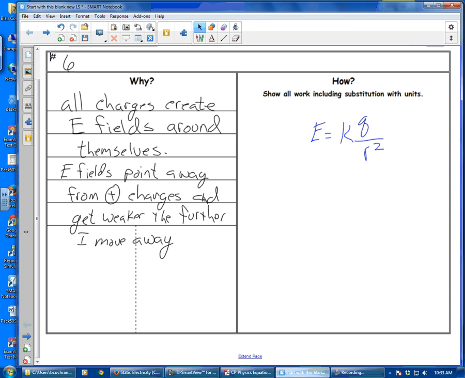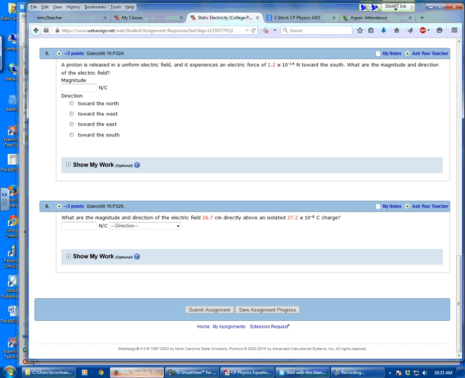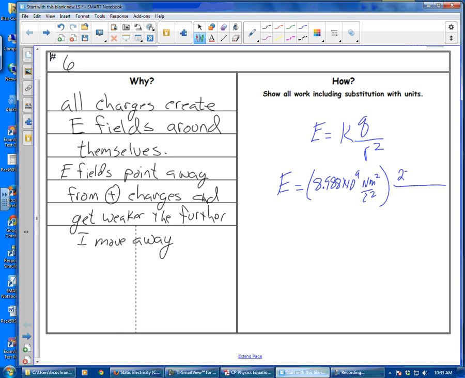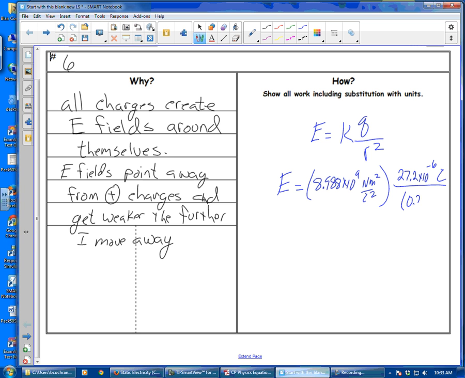So it's K, which is, I just said, 8.988 times 10 to the 9th Newton meter squared per coulomb squared, times my charge, 27.2 times 10 to the minus 6 coulombs, over my distance away, 26.7 centimeters, which is 0.267 meters, squared.